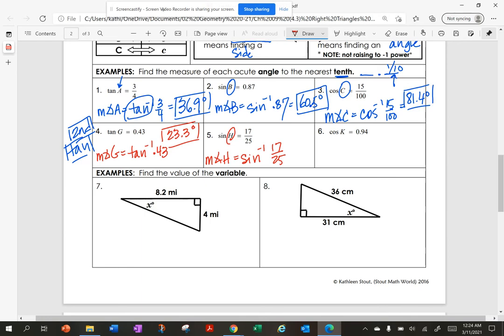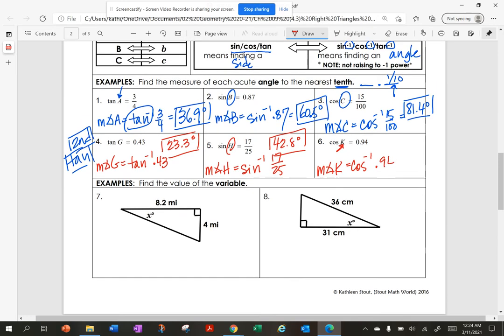So I get 42.8 degrees. And solving for angle K, the measure of angle K equals cosine inverse of 0.94. And I get 19.9 degrees.